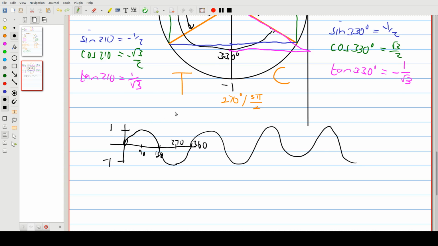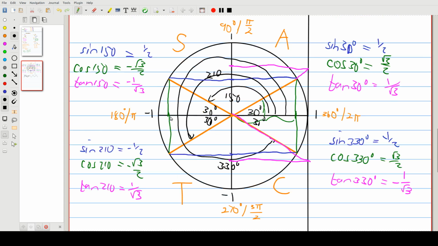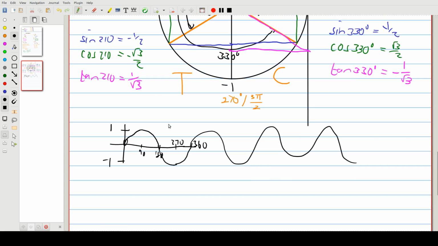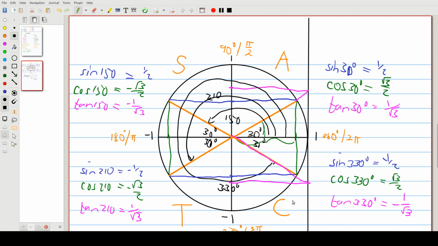And for tan, there's a little bit of a difference because you've all checked, if you type in tan 90 on your calculator, what do you get? Tan 90 equals, and you'll probably get some type of error on your calculator. And if we look at this graph, it'll make sense, right? Because for tan, we can extend this line until we reach the tangent line and draw it back to the y-axis.